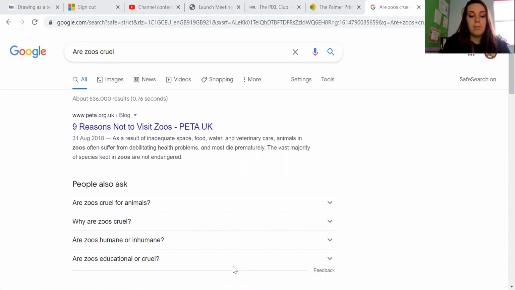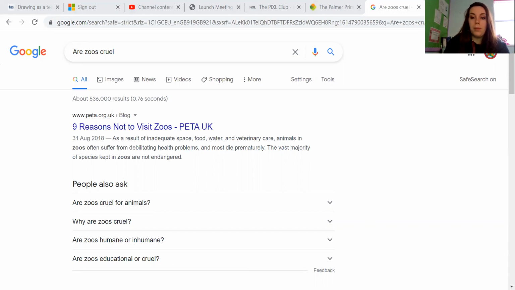Then I can say zoo animals are supposed to have lots of space, and in cages they do not have this natural habitat. That's high level language. So that would be some of my fors, so you can add some more to that.